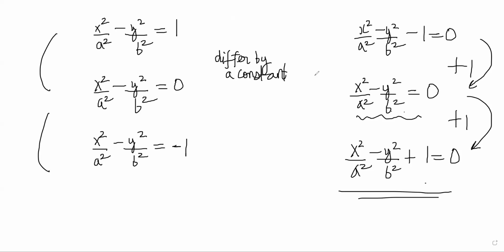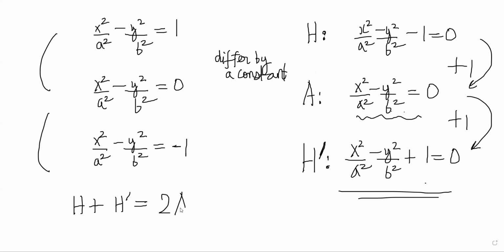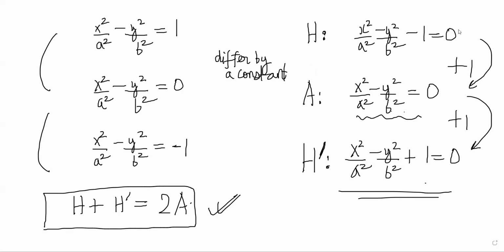So if you call this equation h, the hyperbola, this equation the asymptote equation, and this equation h dash, which is the conjugate hyperbola, you always have this relation: h plus h dash is equal to 2 times the asymptote equation. This relation will be true because they are differing by the same constant always, right?